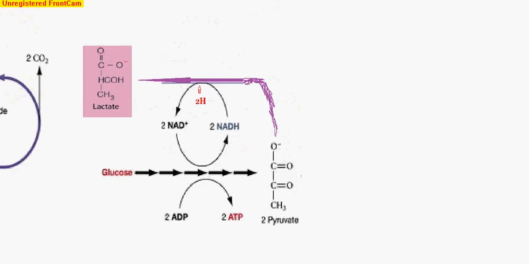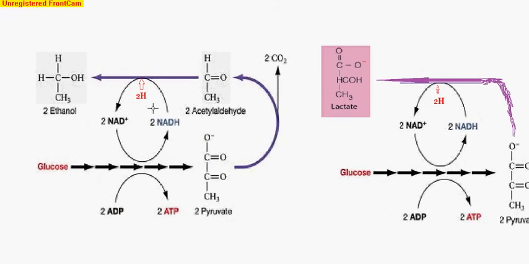But then this is the ethanol pathway and this is the lactate pathway, because there is lactate here and ethanol here. In the ethanol pathway, pyruvate loses carbon dioxide and forms an aldehyde, which then forms ethanol.